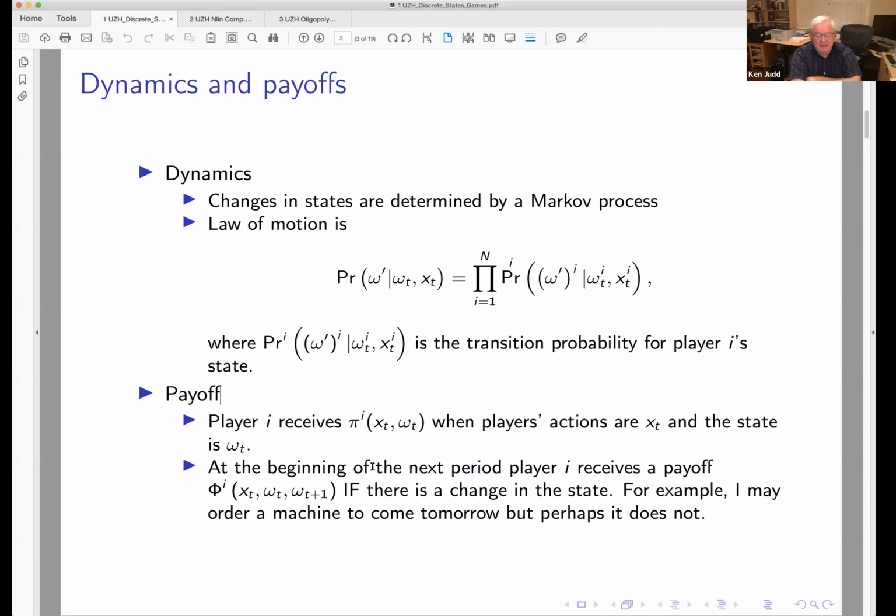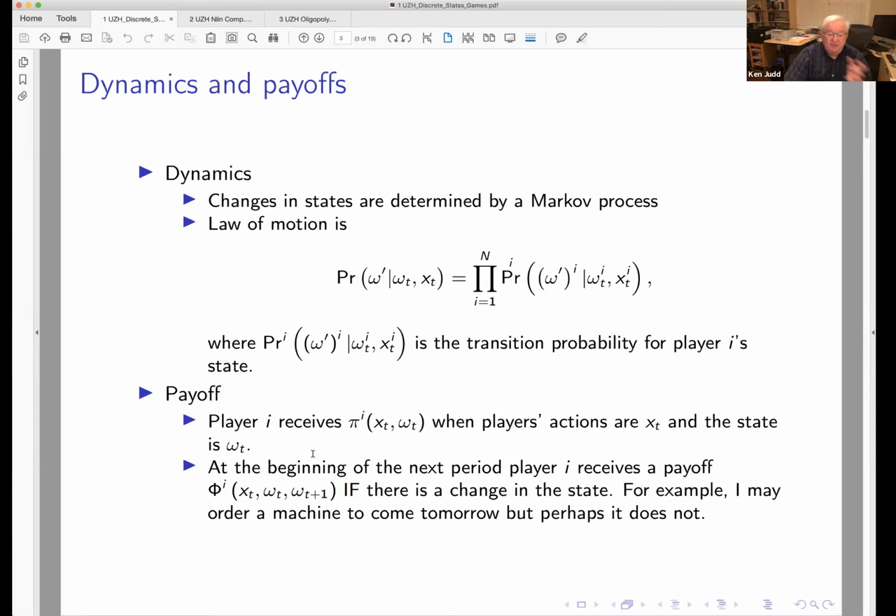The way that we think of it is that some part of your vector of actions could be something regarding making a new factory. So you may say, I want one more factory. But the thing is that you decide you want a new factory, maybe you're going to get one, maybe not.